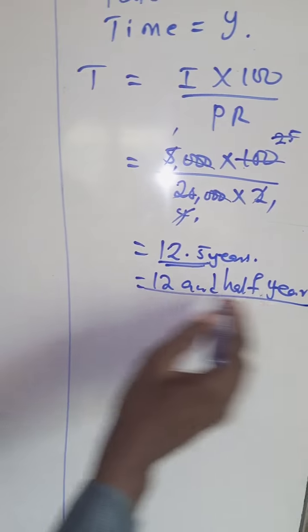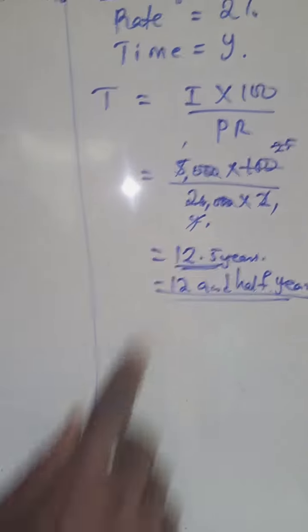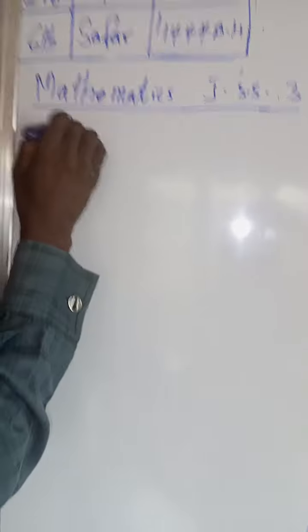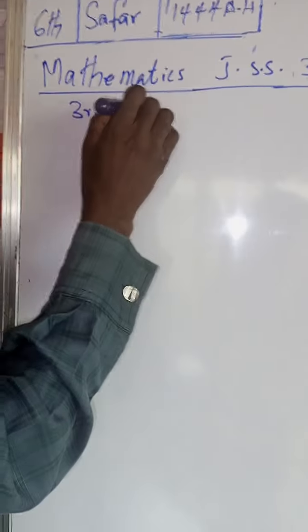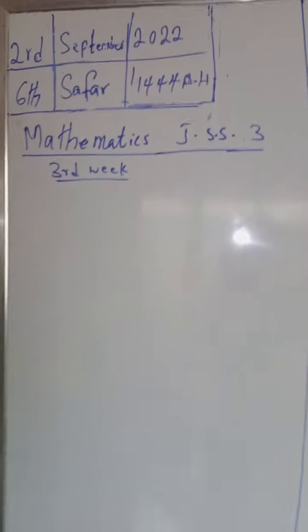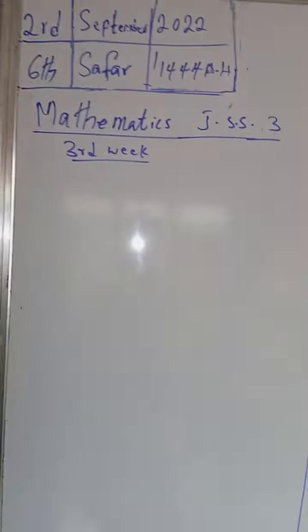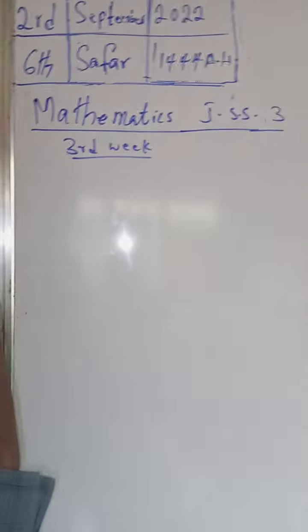years. That's what we yield. So we are moving to JSS3. JSS3, we said third week also. But we have done the fourth and the fifth week under addition and subtraction of binary.